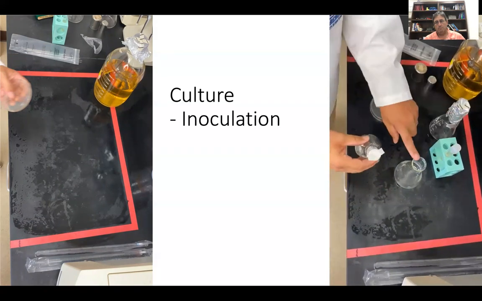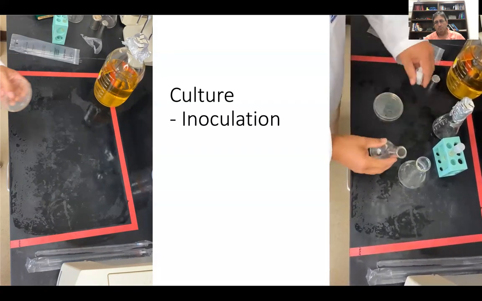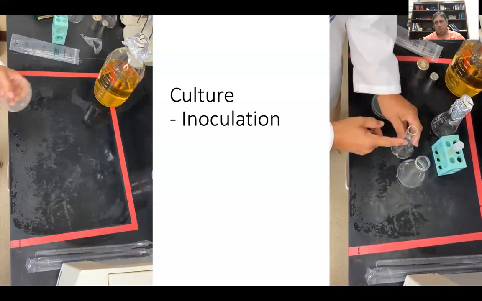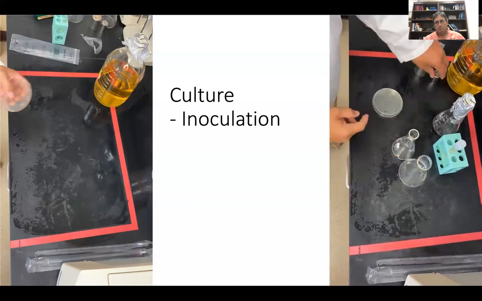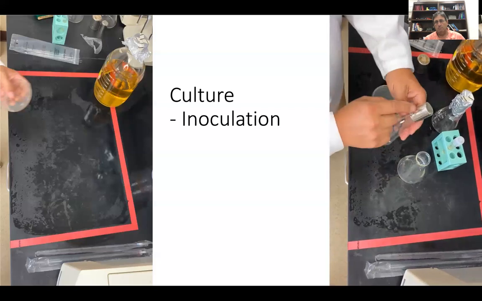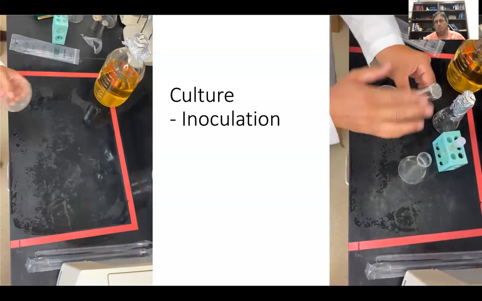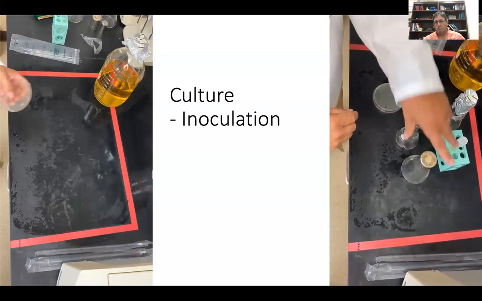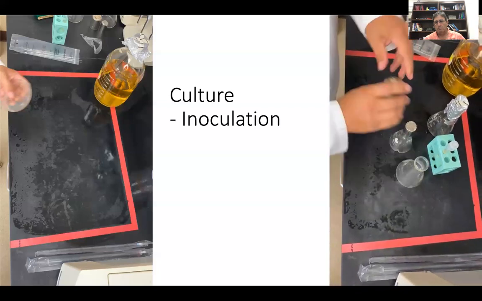The difference between the flask you see here and say this flask is in the lip and in the bottom. This has a straight top lip, so you can put a cap like this. This cap is vented and loose to allow air exchange. They won't fit on this.